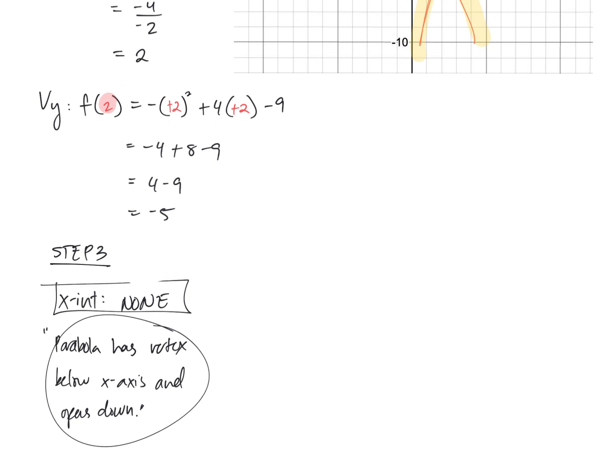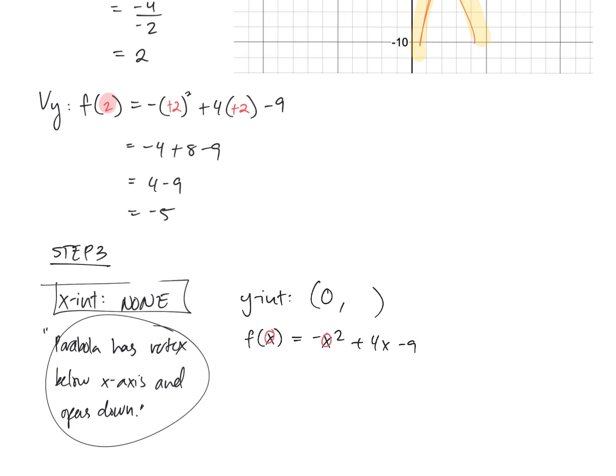Alright, I think I've said that enough. Let's move on to the next one, y-intercept. Do we have any of these? Well, remember, we always have y-intercepts for parabolas. So, for that, let me go ahead and write down my equation. Y-intercepts, how do we find that? We set x to 0.